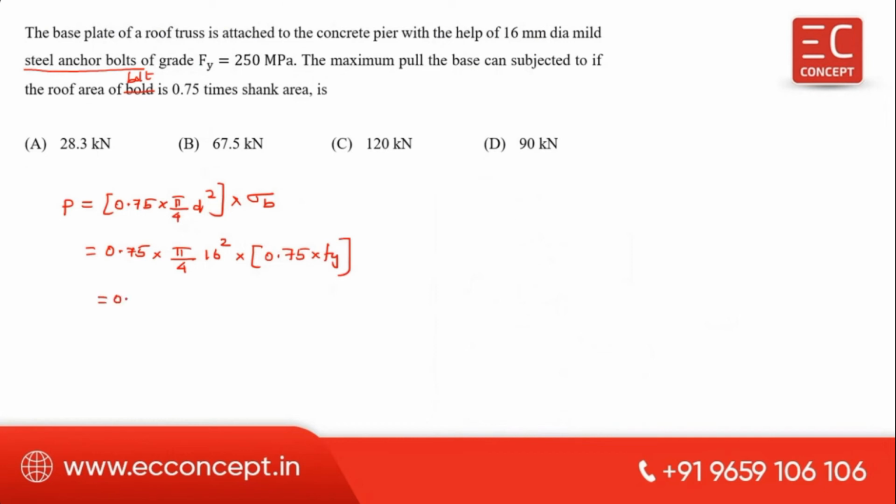So which is equal to 0.75 into pi by 4 into 16 square into 0.75 into 250. So the answer for this question, after solving, is around 28.26 kilonewton. If you simplify this, 28260 Newton. So the answer for this question is this one.